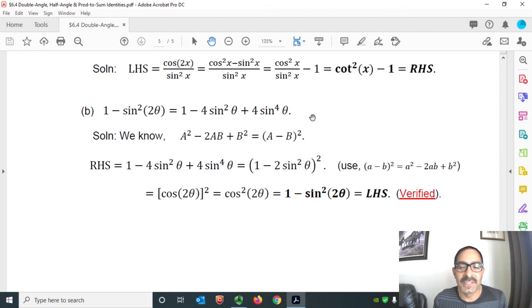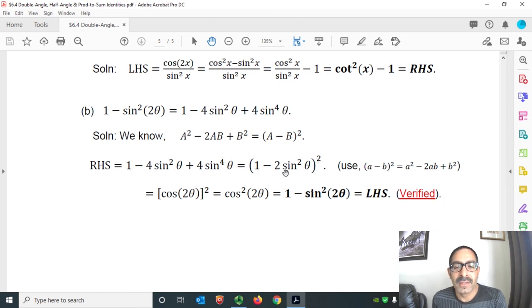Great. So let's apply the formula. We know this algebra rule: a square minus 2ab plus b square is a minus b, all squared. So let's begin from the right hand side this time. So RHS, copy down here. And this simply means 1 minus 2 sine square theta, all squared.